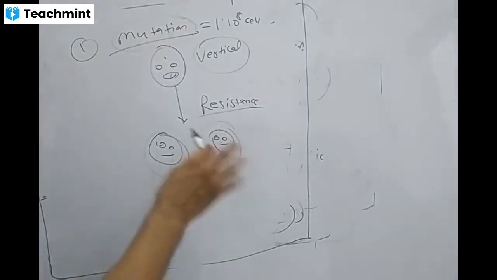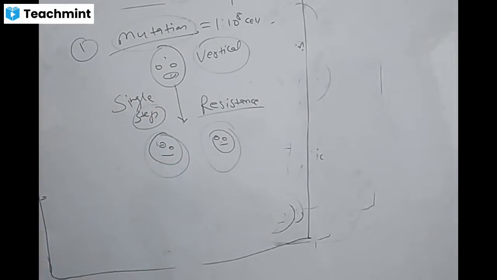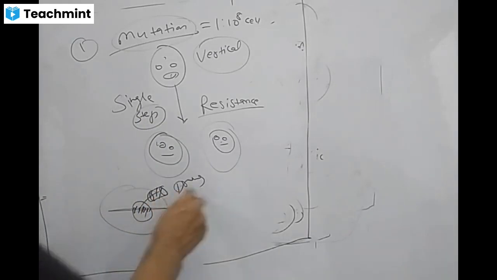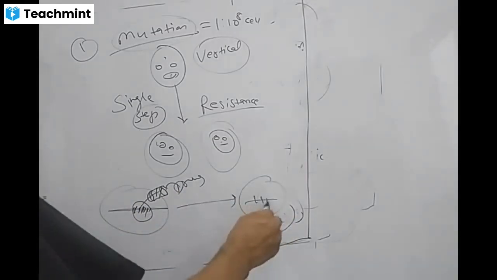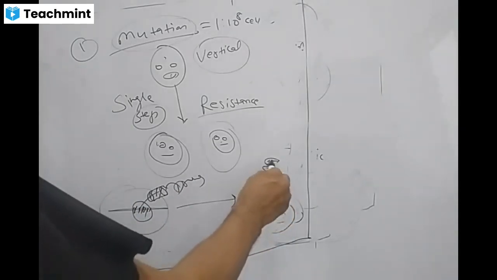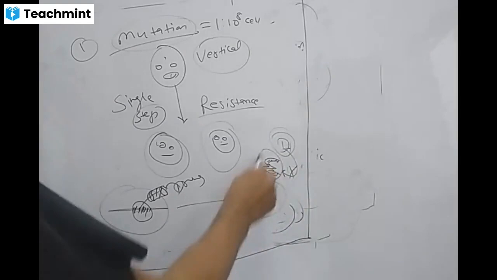And that mutation may occur in a single step. Single step means there is a bacteria, this is the gene of the bacteria, and suppose this gene is responsible for producing some protein, and our drug acts on that protein. If because of some mutation this gene starts producing a different shape of enzyme, then our drug is unable to recognize the target.